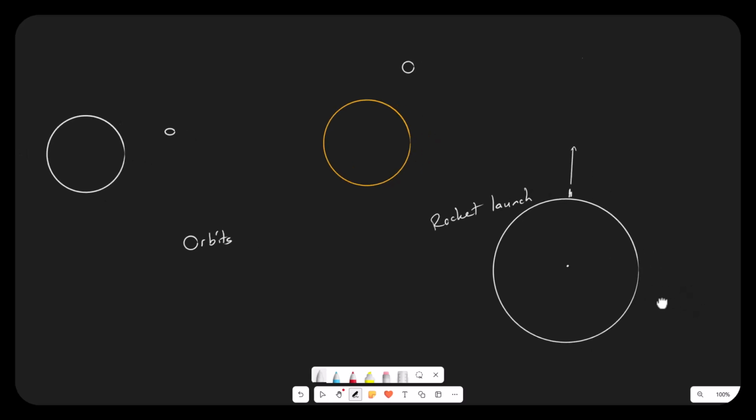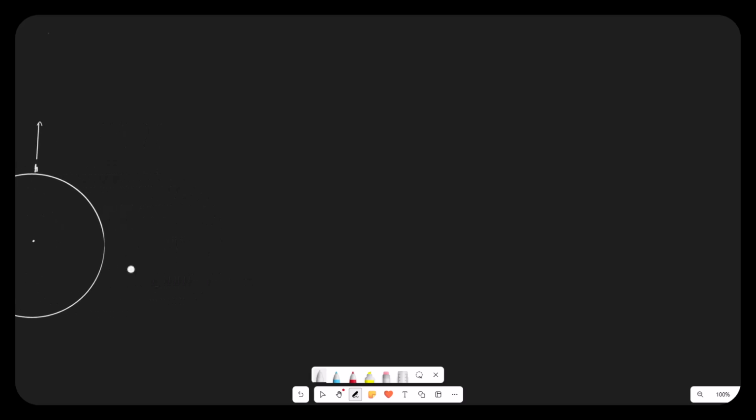Or problems in space where there aren't big gravitational fields that we're worried about, like right near the Earth. Maybe I've got a person in space and another person in space. These two are going to attract each other. We might also have two objects in space that could matter.